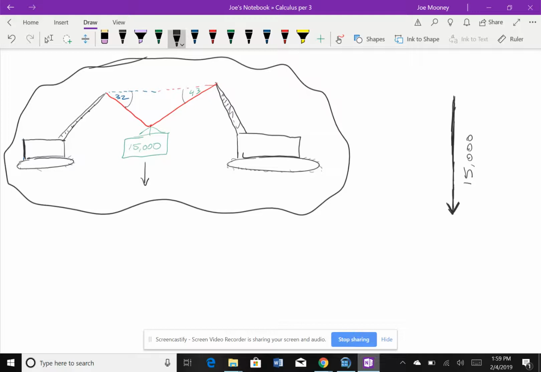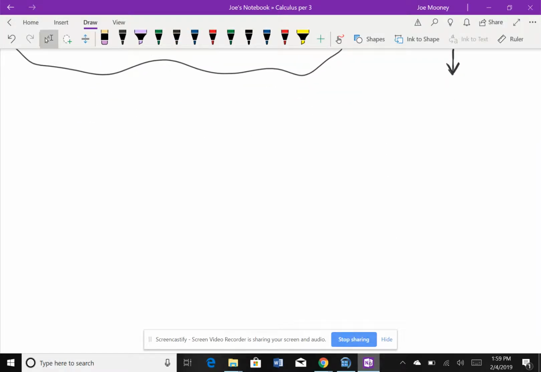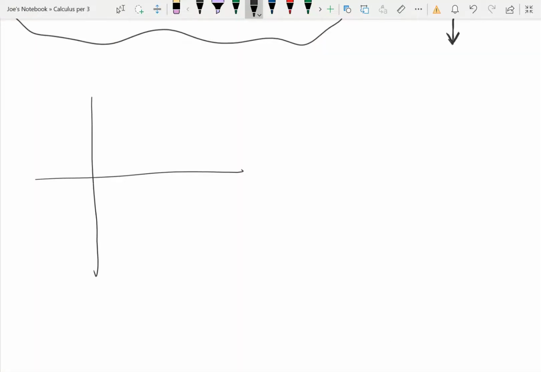So we need to understand that that's a vector. Let's pretend we were in algebra 1 and I said to you, here's an XY axis and this point is at -10, and it's on the Y axis.